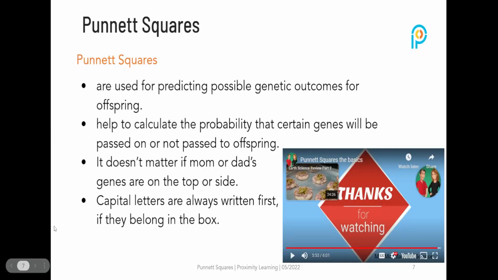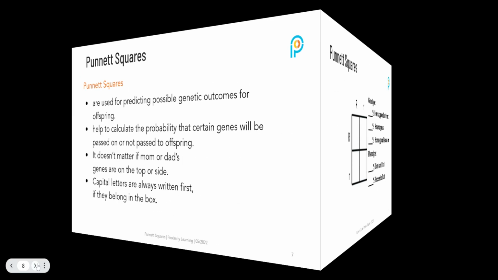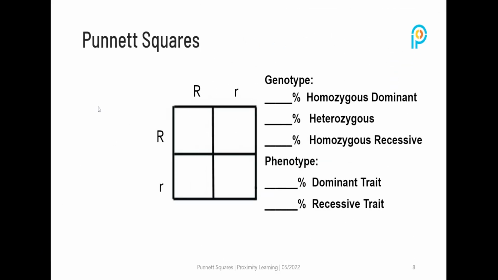Okay, so let's do some of this together. Let's practice. I want you to draw this box on your paper and divide it into 4 parts. I'll pause for you to do that. All right, let's match this up. So we have capital R, lowercase r. We'll just say this is dad, and then uppercase R, lowercase r on the top.